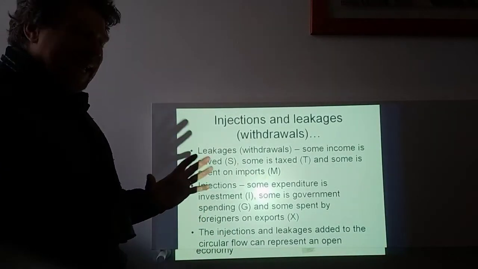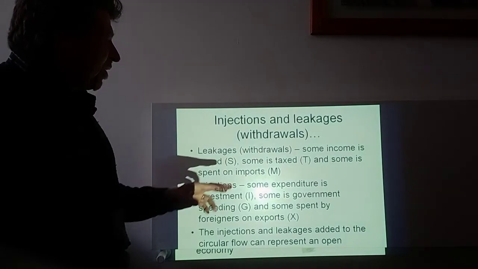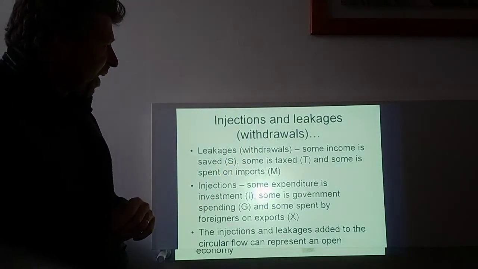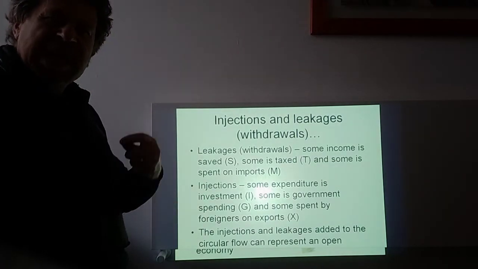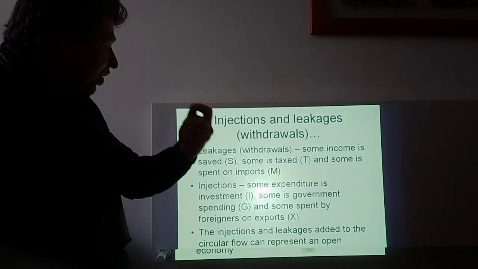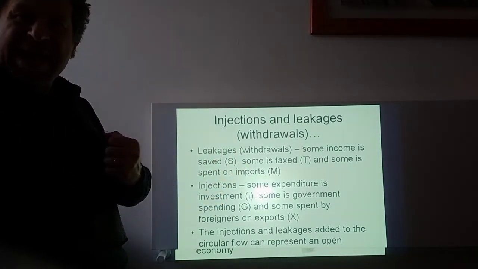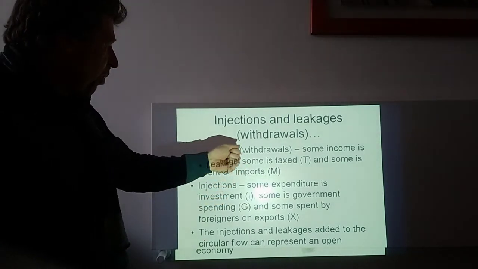But if we open up the economy, we need to look at leakages and injections. Leakages, or withdrawals, often it's called withdrawals. And injections: there's some money which is injected into the economy and there's some money which is taken out of the economy.